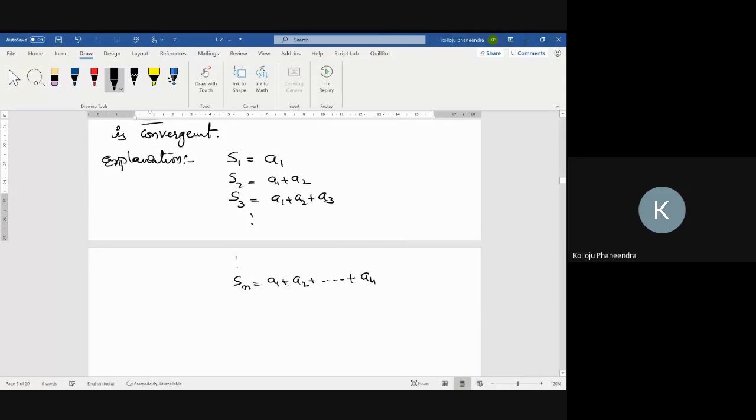Now observe this: S1, S2, S3, and so on is the sequence of nth partial sums.